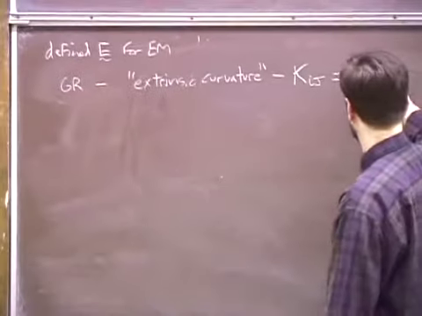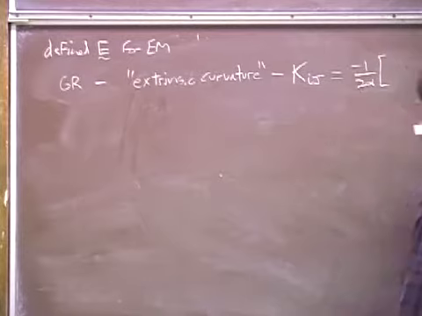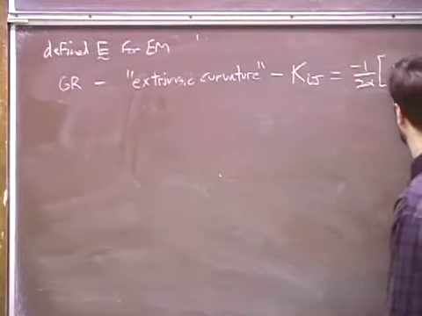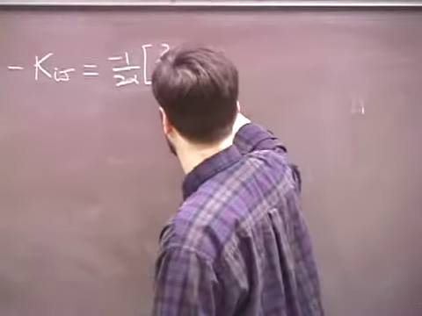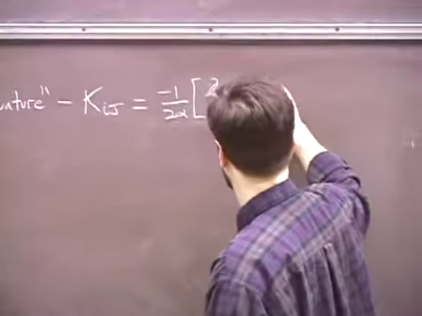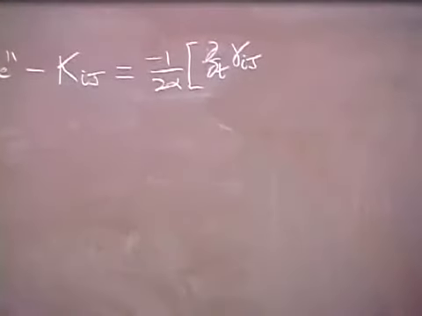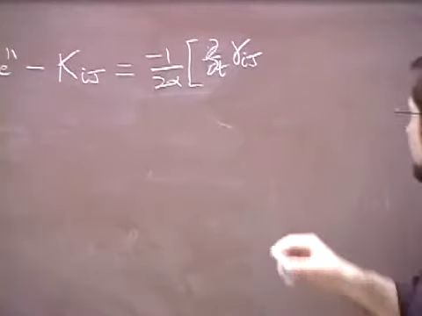And this is going to be defined very much like E is defined. It's going to have the d by dt of the metric in it, of the 3 metric, just like E had d by dt of the vector potential.